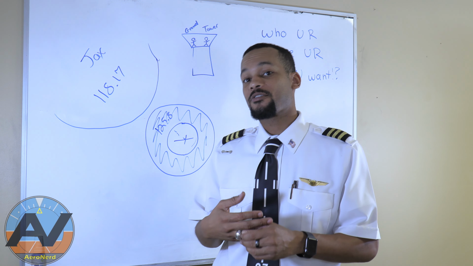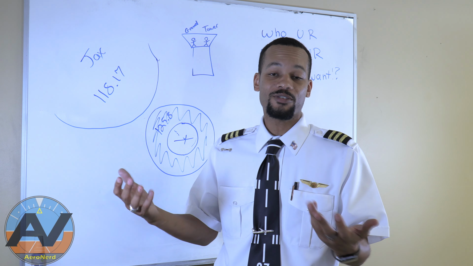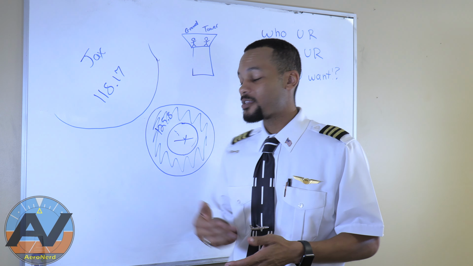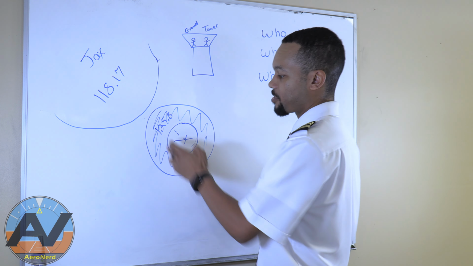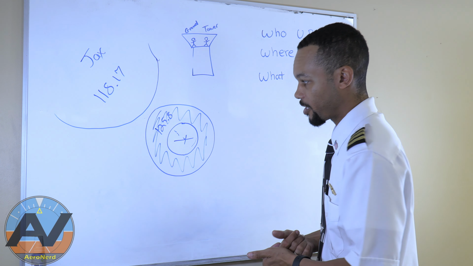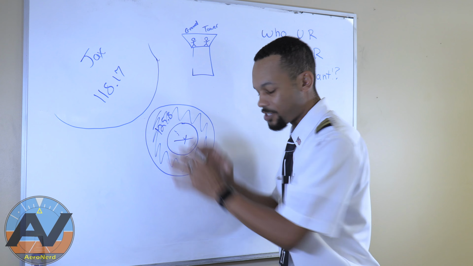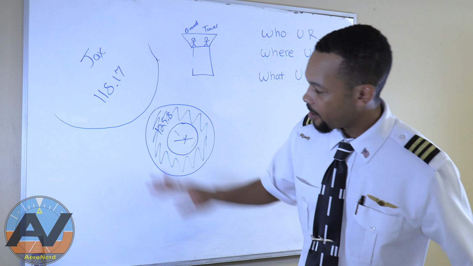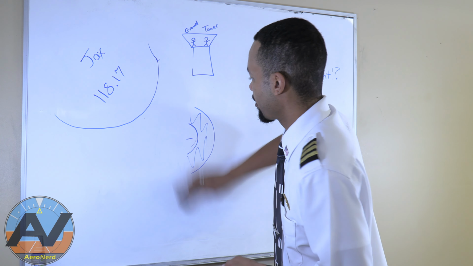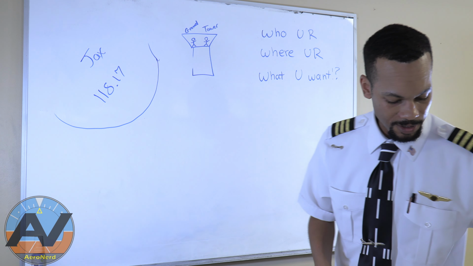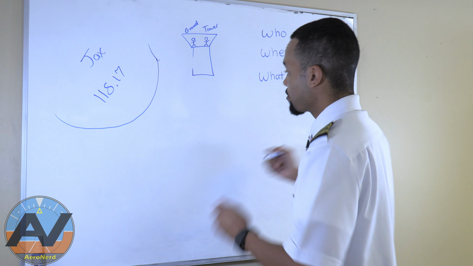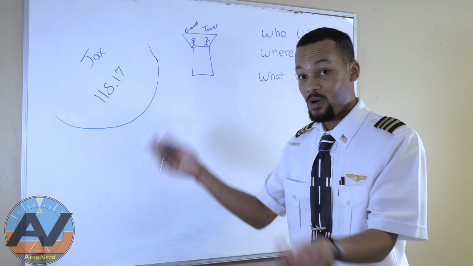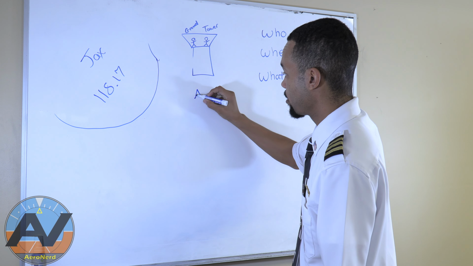Now, if you want other services like flight following and some other services, weather services, then these guys may be able to give you those kind of services like traffic advisories and whatnot. But let's just say that we're in the air and we're contacting these guys, and does this still apply? Let's say I do want flight following. So I'll contact who I'm contacting. So of course I'll say approach.